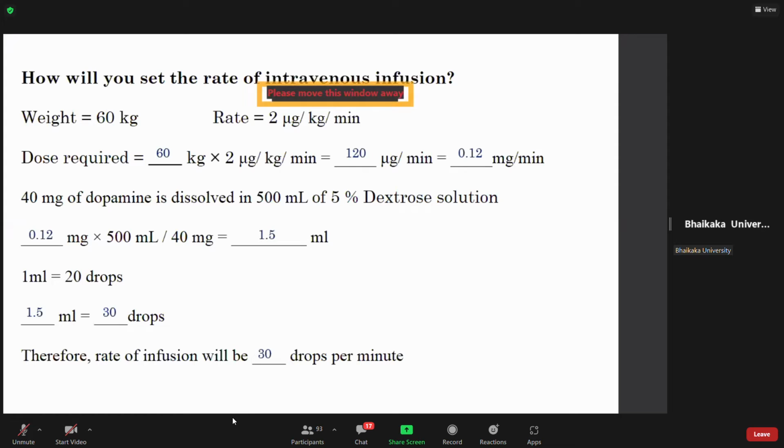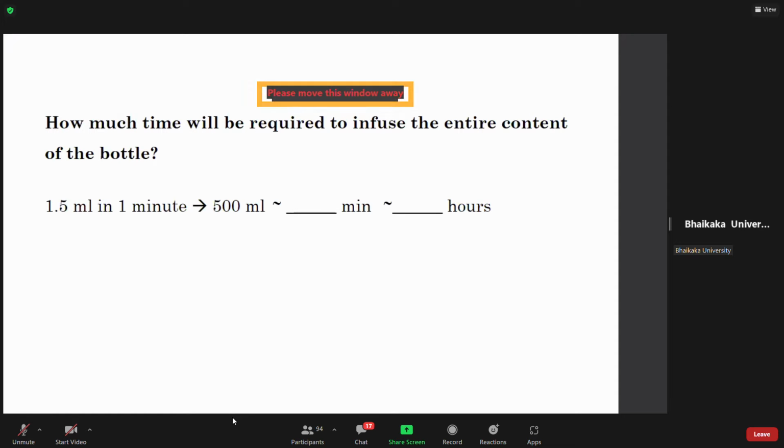And here we have dissolved dopamine in 500 ml of dextrose solution. So to administer the 500 ml of solution, how much time will require in minutes?